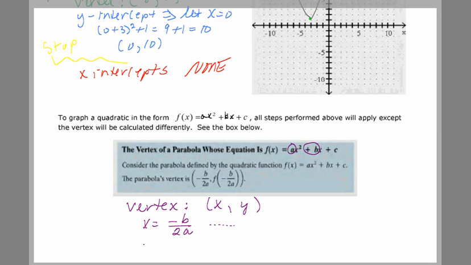But I have to calculate his partner. And his partner is going to be the value I get when I plug this in. So I need to plug in my answer to find y.